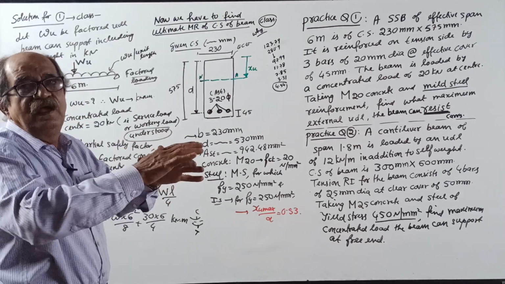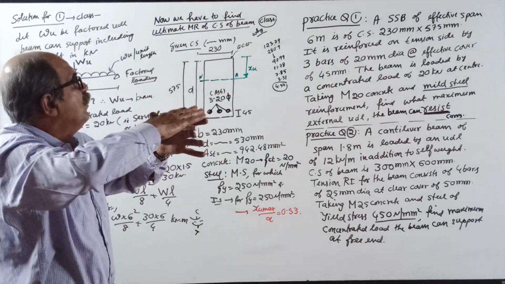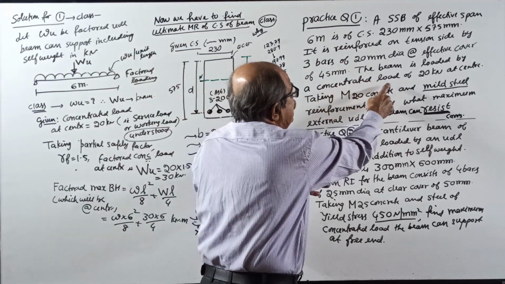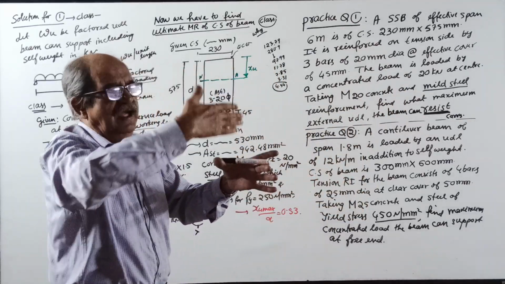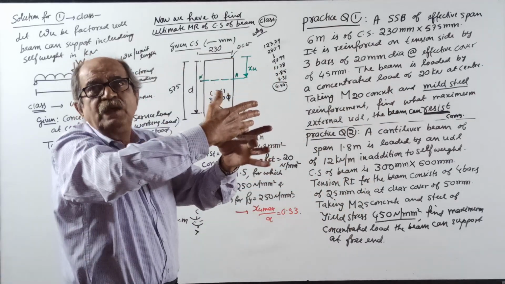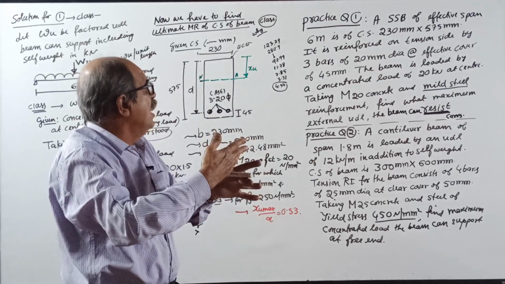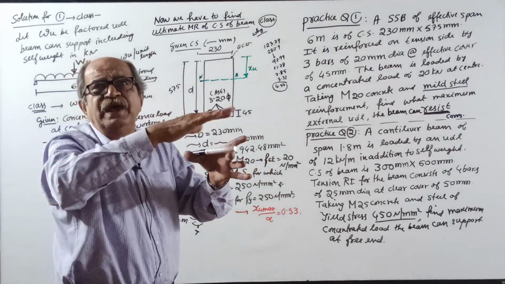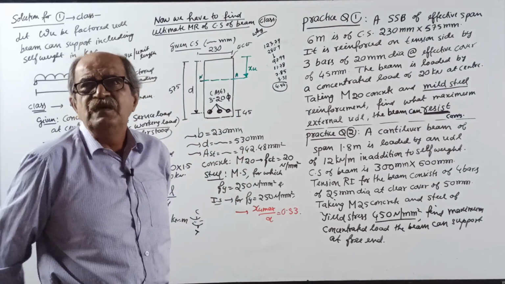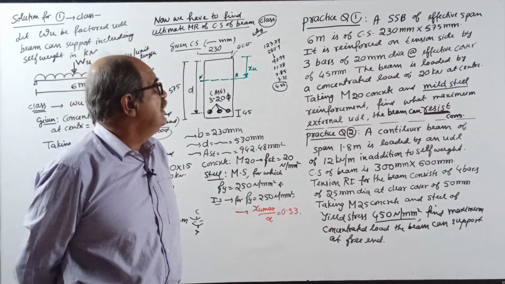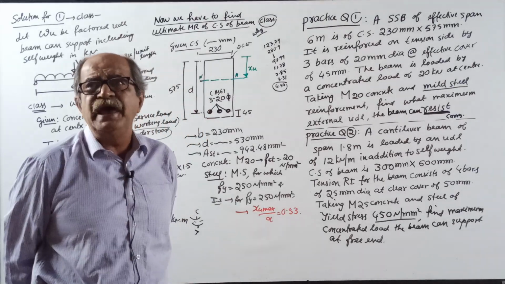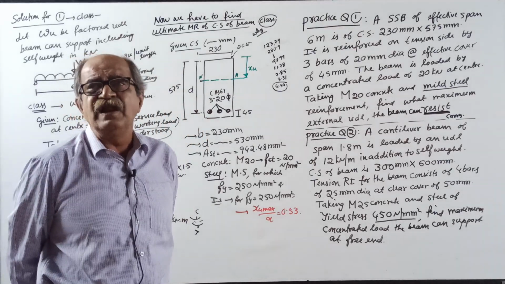Then they have given loading. What load? They told in the question the beam is loaded by a point load of 20 kilonewton at center. What they want is the maximum external UDL the beam can support. That clearly means that the 20 kilonewton load applied at center is safe. It is not critical.